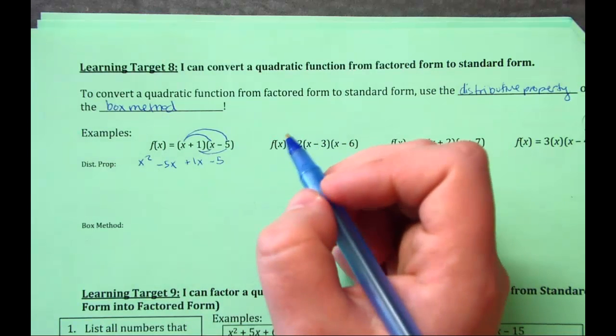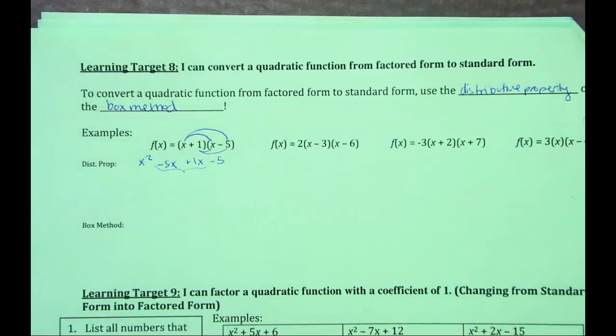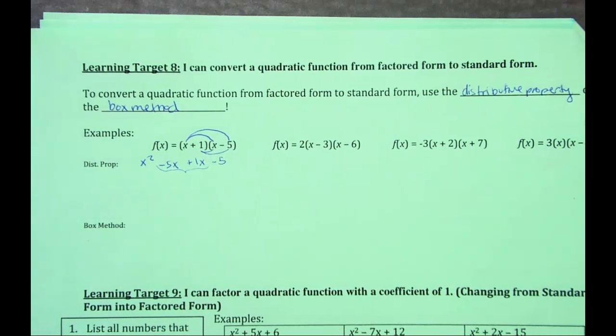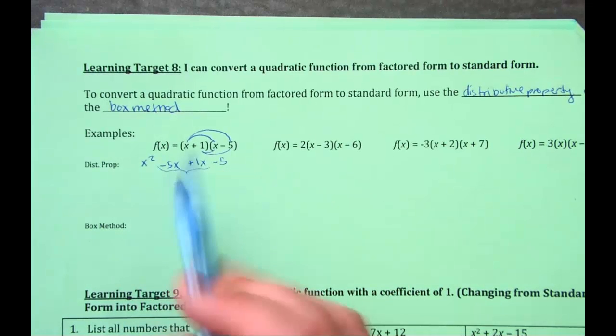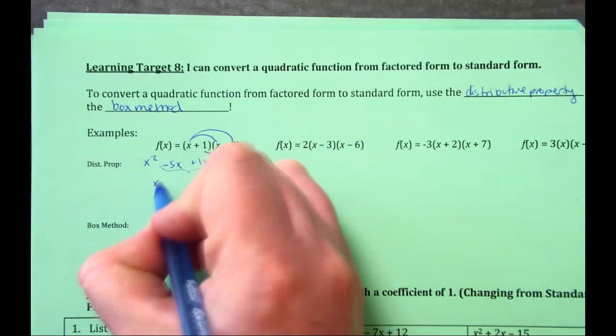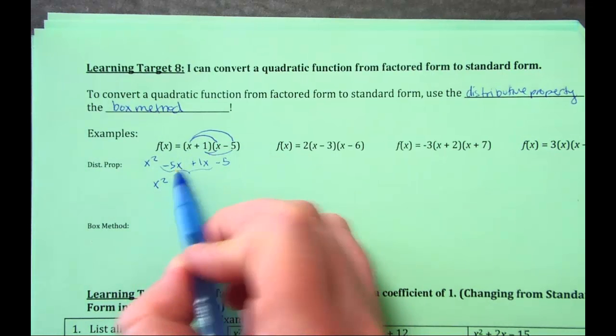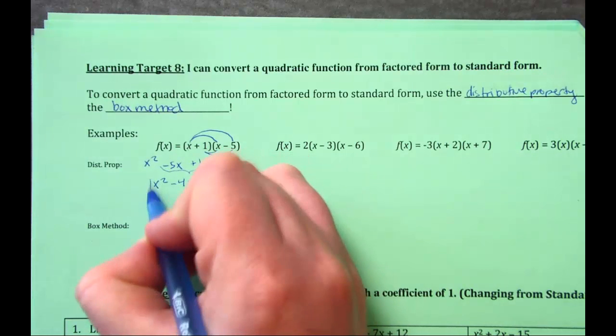Now we're almost done, except if you notice these two middle terms here, both have just a plain x in them. They're not x squared, and they both have an x. It's not like this one out here with no x, which means these are like terms. So you can combine them. So really this is x squared, and then -5x plus 1x is actually -4x minus 5.